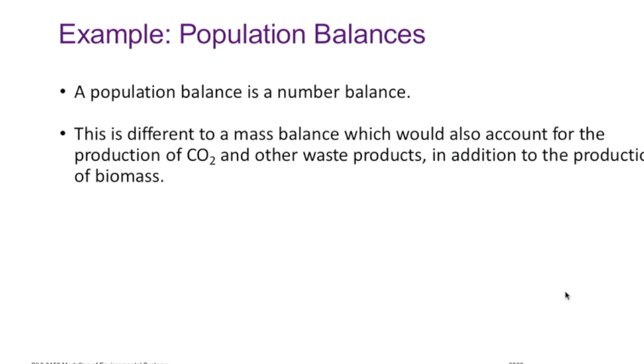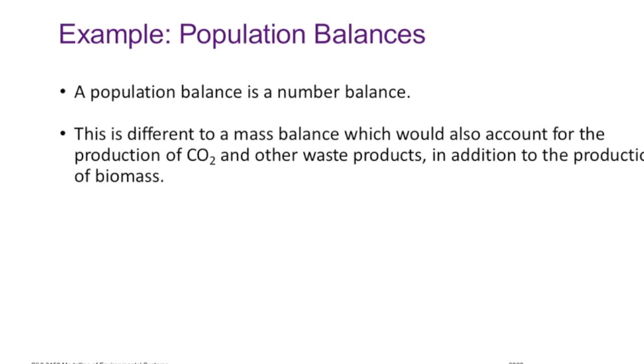The first example that we're going to do here in this course is related to population balances. A population balance is a number balance, and it is different from a mass balance, right?